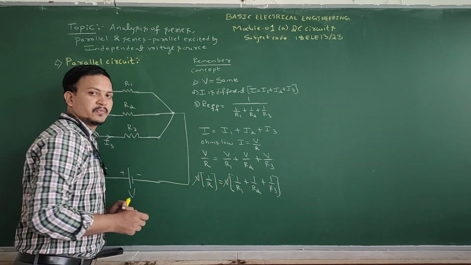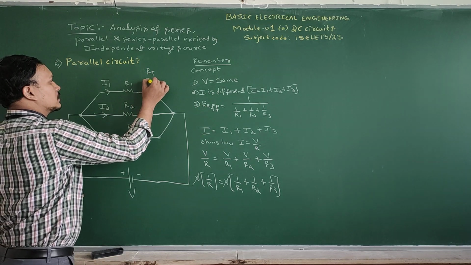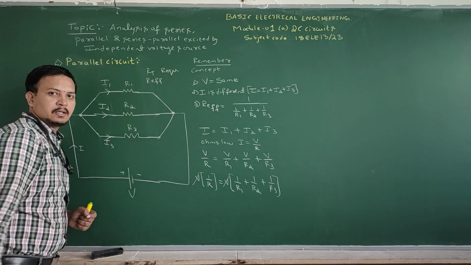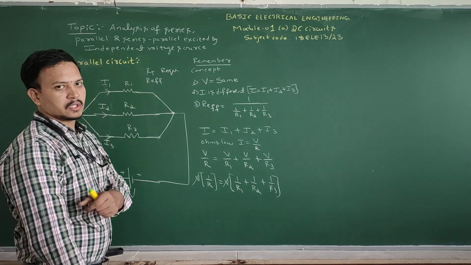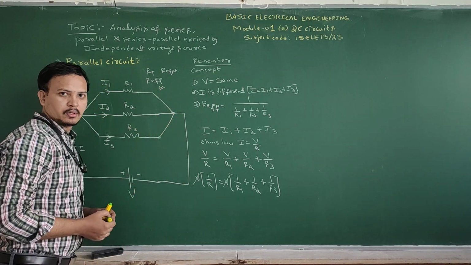Now this R indicates total resistance or effective resistance or equivalent resistance. Different authors will give different notations, so I will stick to effective resistance.